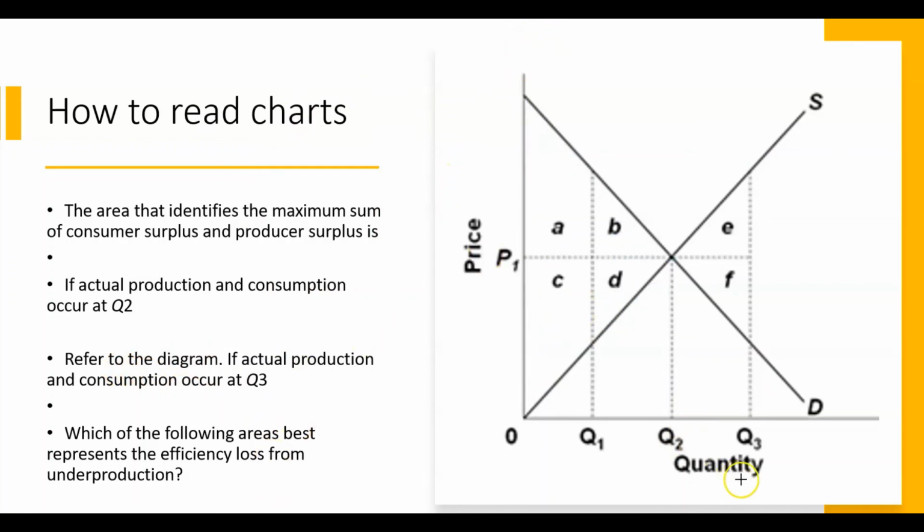Well, if we're looking at Q3, are we overproducing or underproducing? In this case, marginal cost is greater than marginal benefit. And so we are overproducing, and this is inefficient.